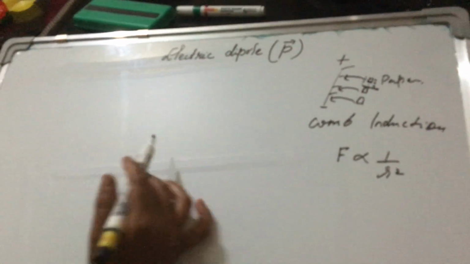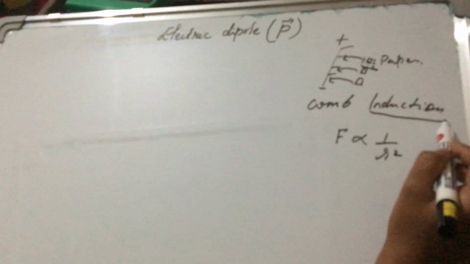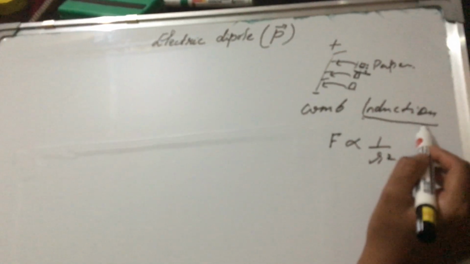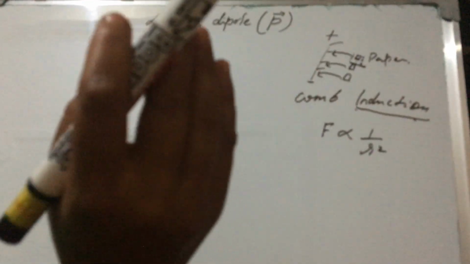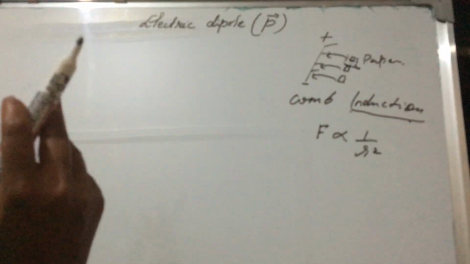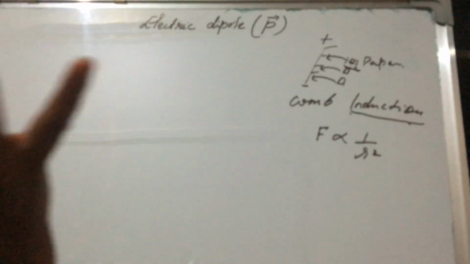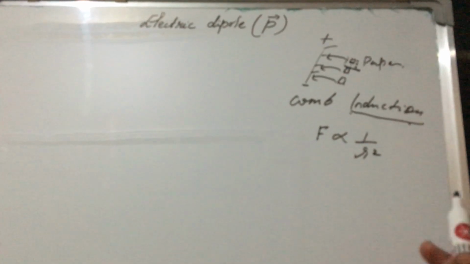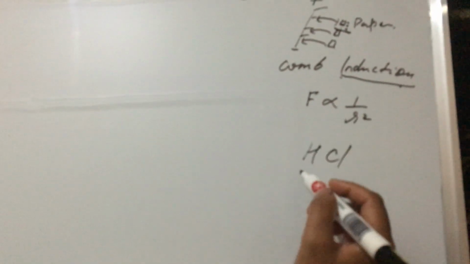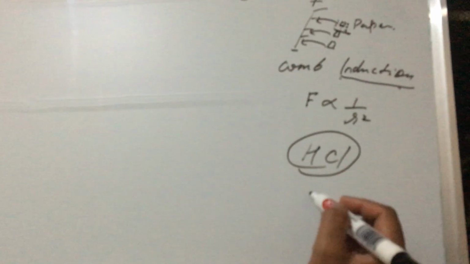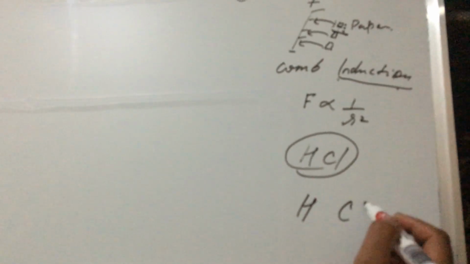So whenever induction or polarization occurs, there comes a thing known as a dipole. So we say a dipole is created. Even in chemistry you have learned about electronegativity, for example HCl, which is slightly polarized.